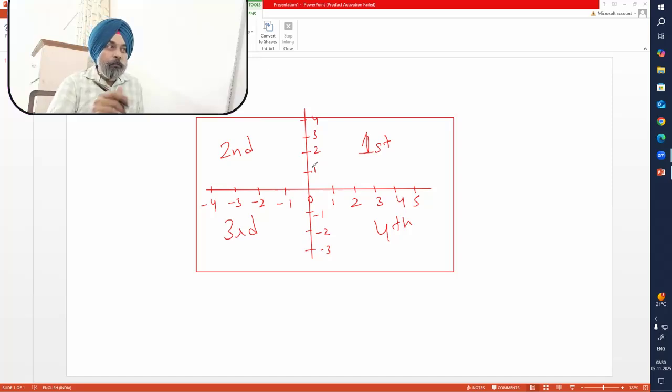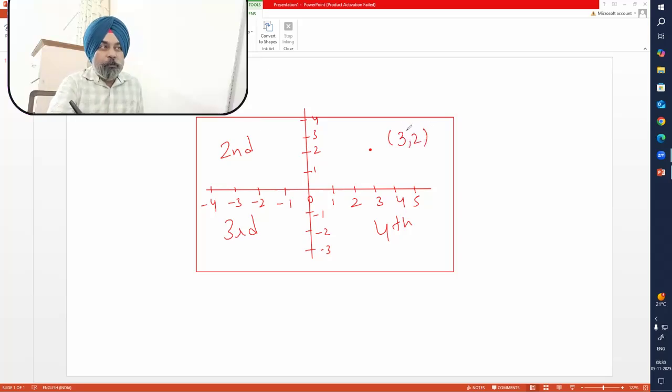So if you're moving towards this point, say this is the one. Okay, let me get rid of this also. If you are moving to a point that is 2, 3, in this case what will be the coordinate? This point will be called 3, comma 2.